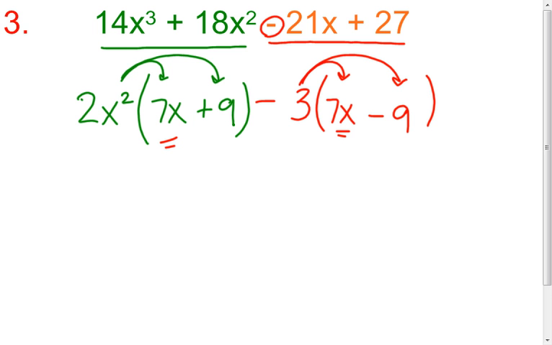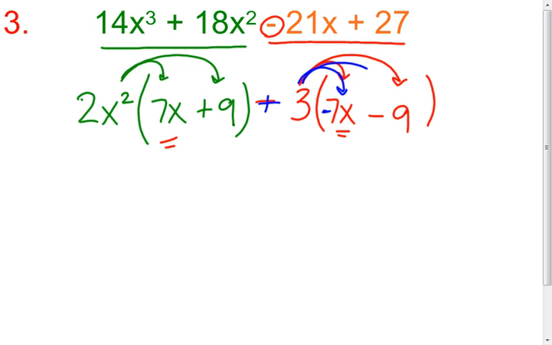I want you to realize that in these parentheses here, you do not have the same quantity. One is 7x plus 9, one is 7x minus 9. Some people think that they can fix the problem by simply changing this to a plus sign. But if you change that to a plus sign, then this is what happens. 3x times 7x gives me positive 21x, and it needs to be negative 21x, so I'd have to switch that.